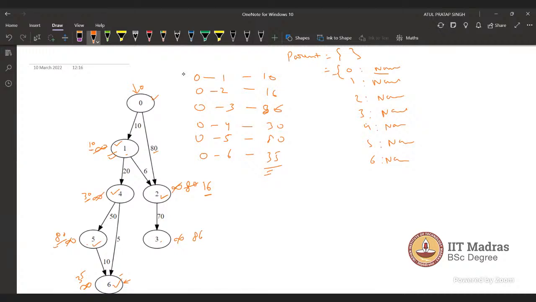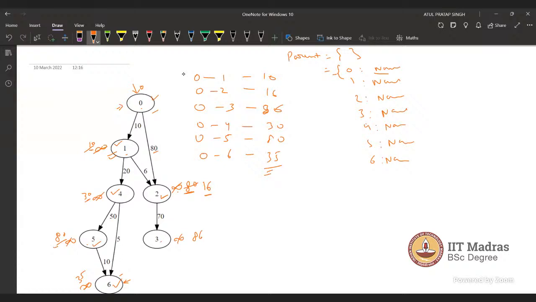And when we are selecting the next minimum weight, we can store the parent value in our dictionary. If we are updating the weights from 0, this 10 value is updated by this 0, and this 80 value is updated by node 0.